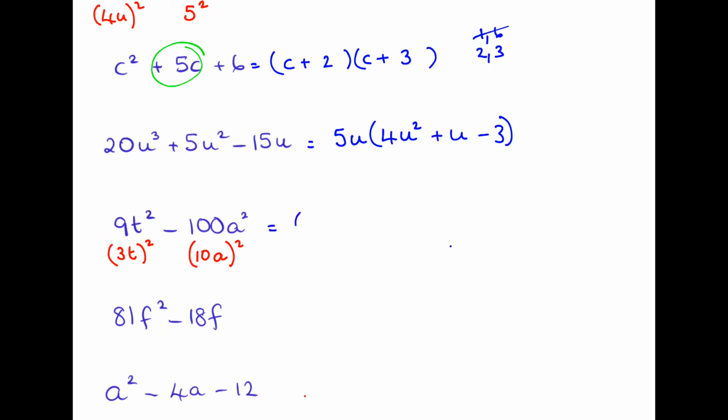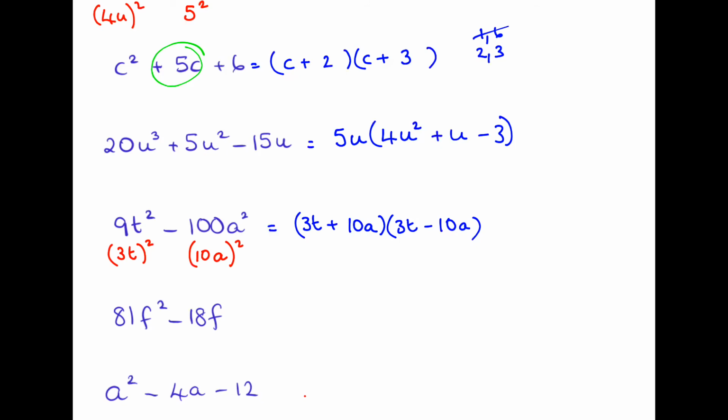So remember, difference of 2 squares, 2 brackets. Then at the beginning of each bracket is the first thing that's squared. At the back of the brackets is the second thing that's squared. And then you need 1 plus and 1 minus.